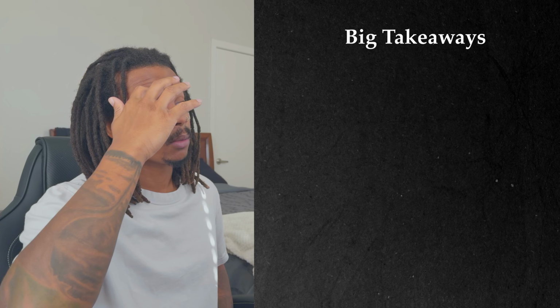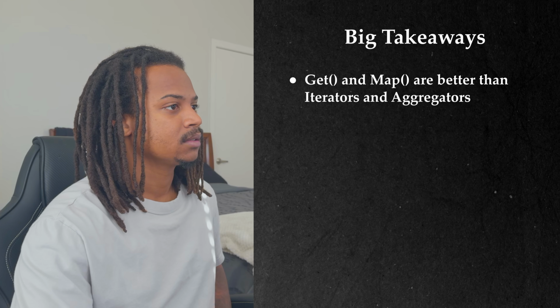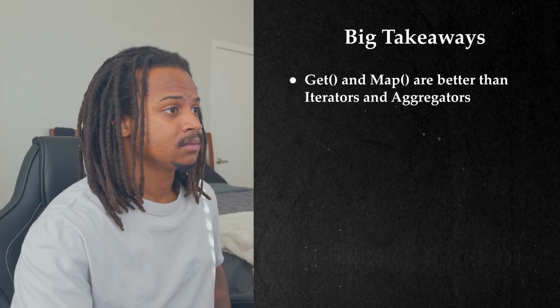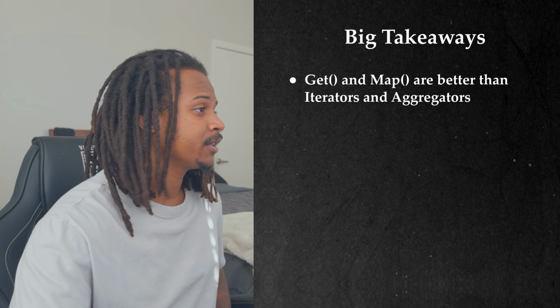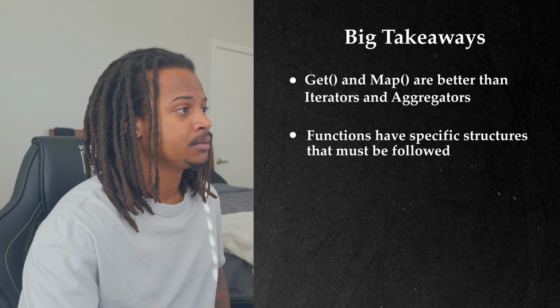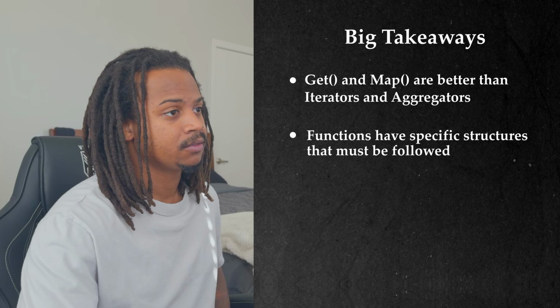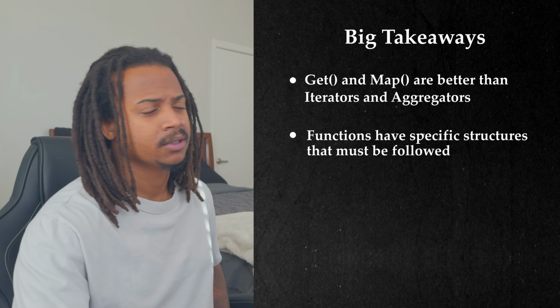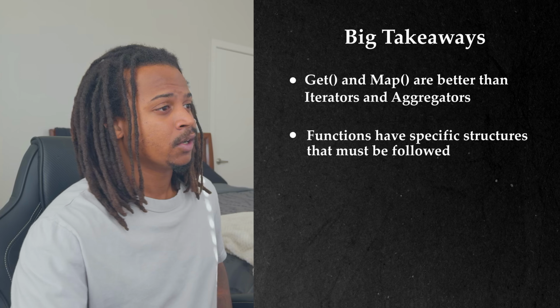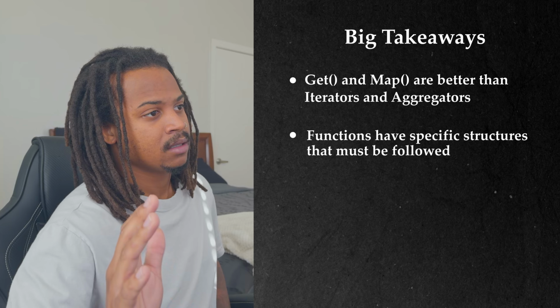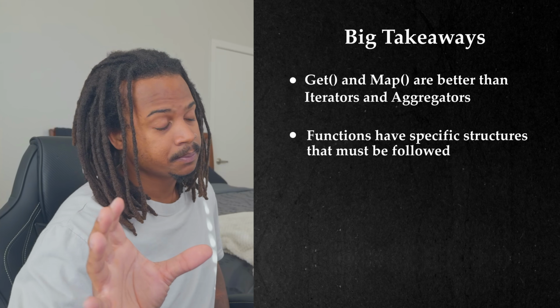Looking at this course, I would say the biggest takeaways are probably that these functions are better than using iterators and aggregators. The structure of the functions that we are putting in these JSON fields, or whatever fields we're using functions for, is very specific in how it's laid out, right?